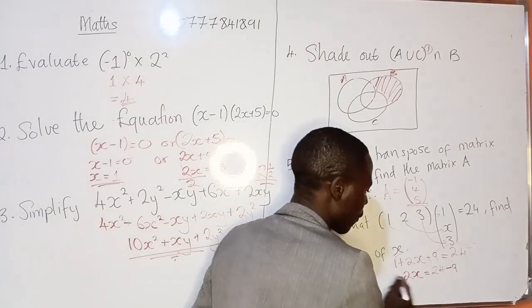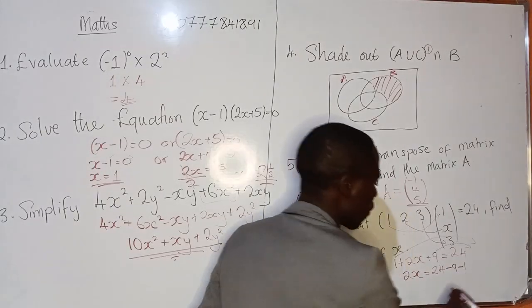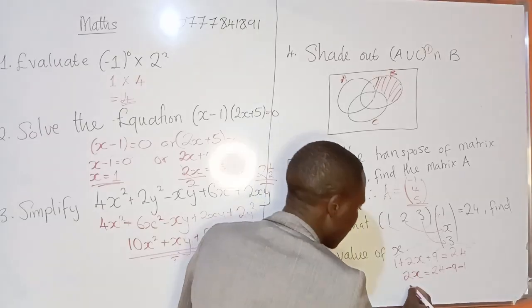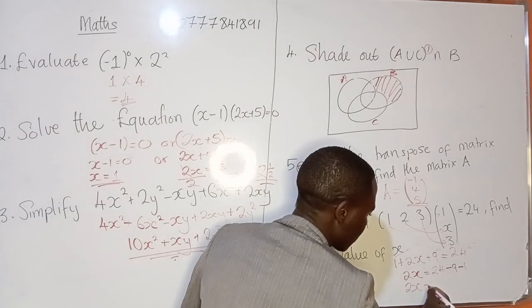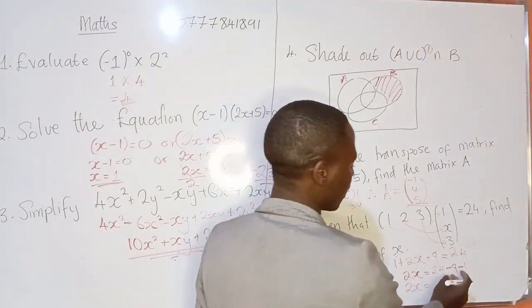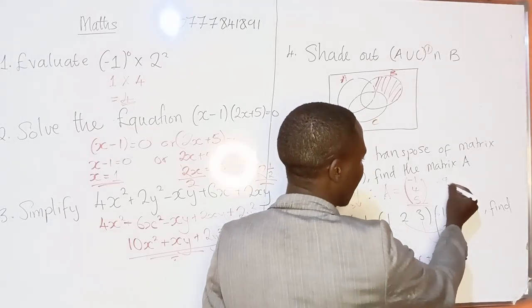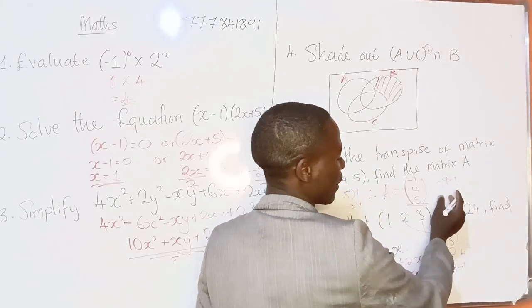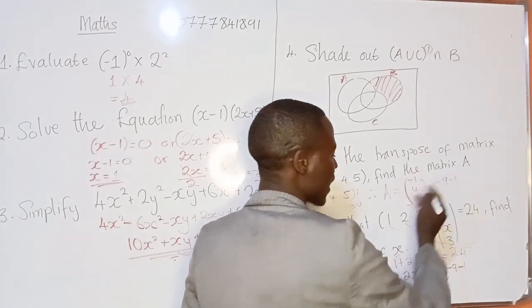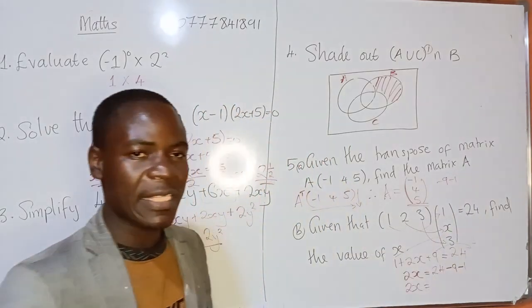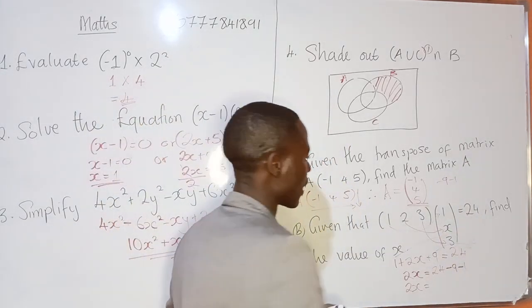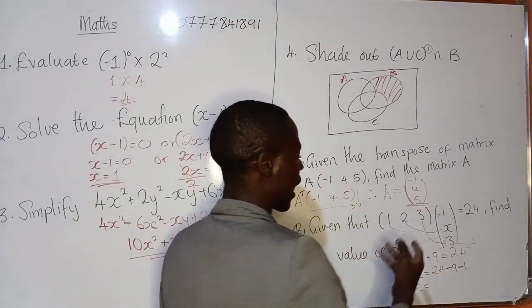The additive inverse of positive 1 is negative 1. We are going to be left with 2x is equal to, what is negative 9 minus 1? Same signs we add, then we maintain the sign of the bigger number. So it is negative 10.